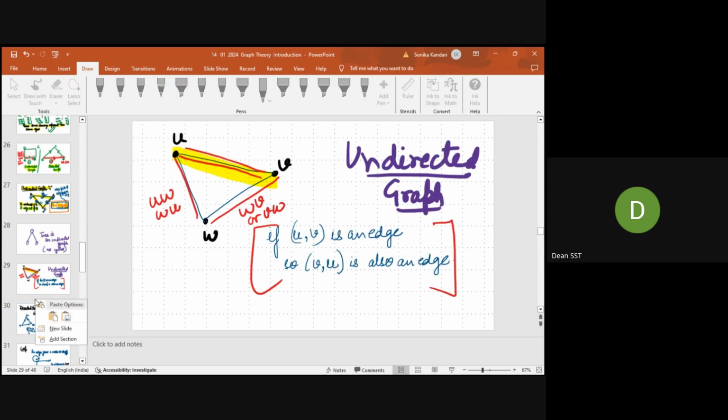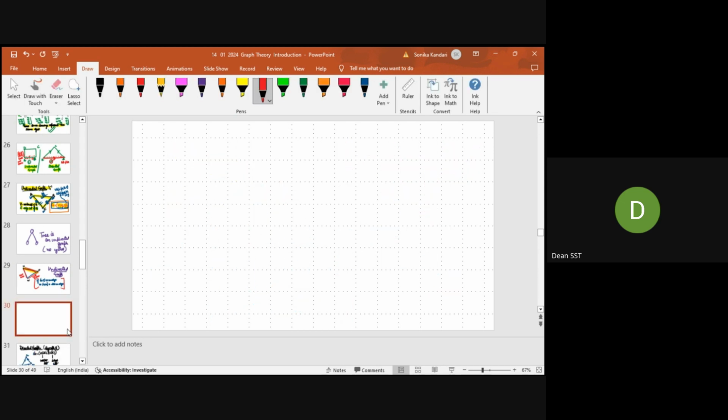Directed graph. So a directed graph will be having arrows. Suppose this is our directed graph. This is A, this is B, this is C. Arrows can be in any direction. This is one edge, this is another edge, and you are having direction.